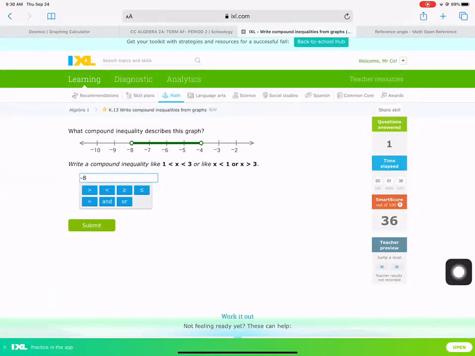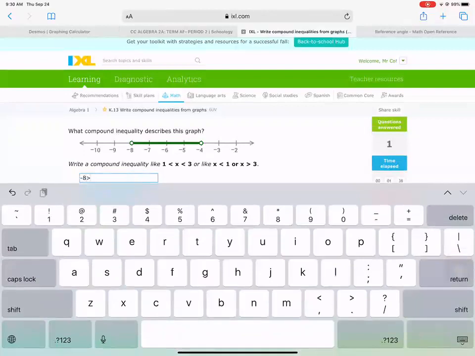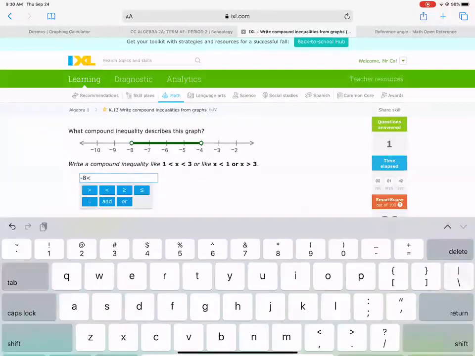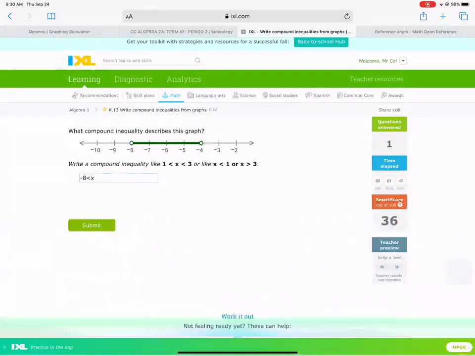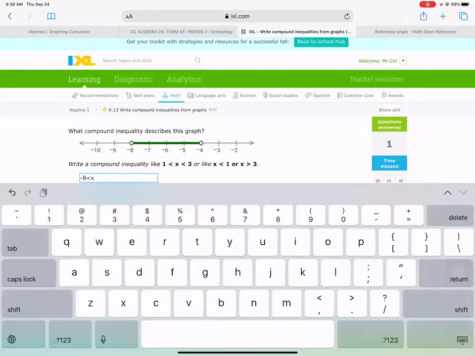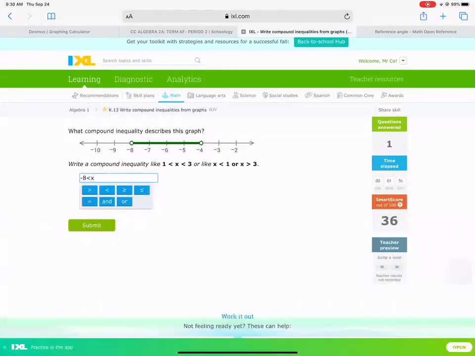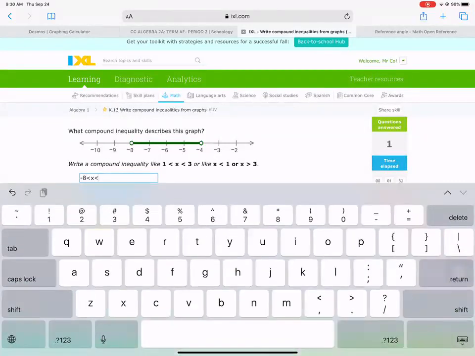Is greater than, oops, other way around. Less than x, and we're going to choose less than again. Oh, darn it. Less than -4 on the right.